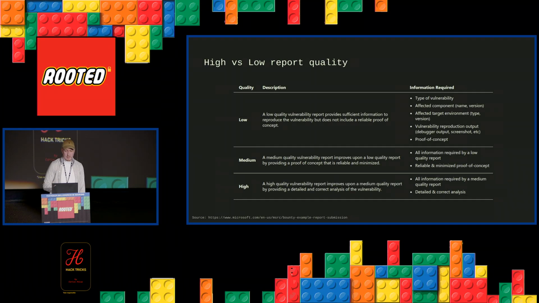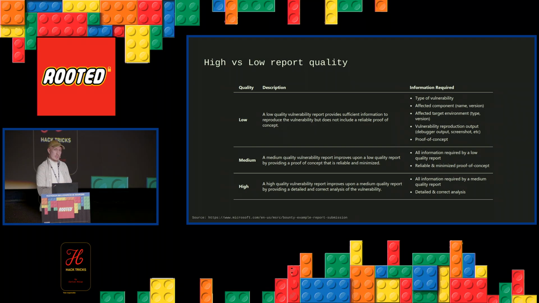And they do a pretty good job of explaining what is a high quality report, what is a low quality report, so the type of information you should put inside your report. So for instance, for a high quality vulnerability report, you can see that it's all the previous one plus these two. So for a high report quality, you also make a detailed and correct analysis of the vulnerability.